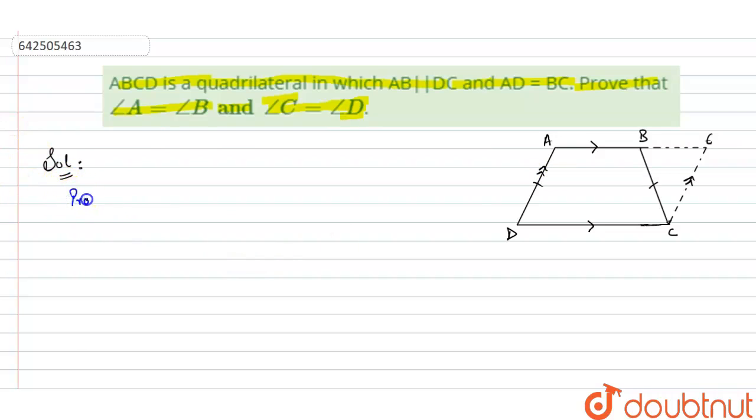So here, as we know, AD is equal to BC. This is given to us.